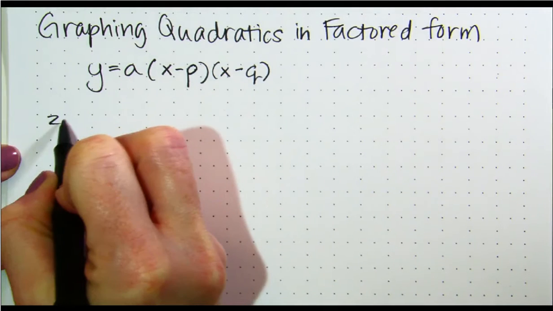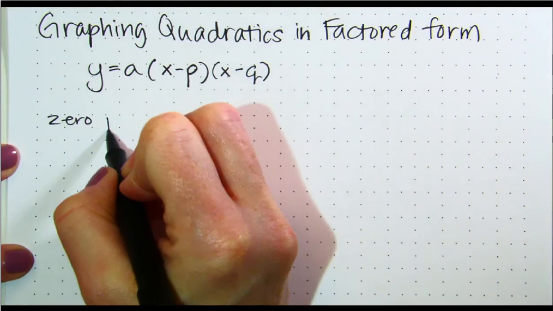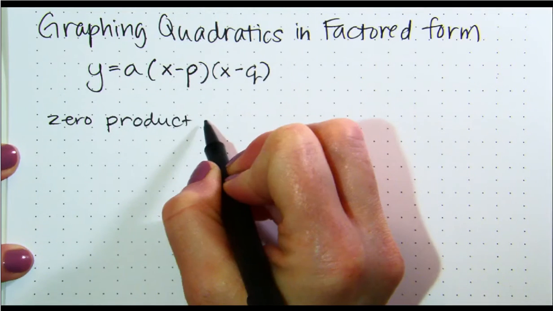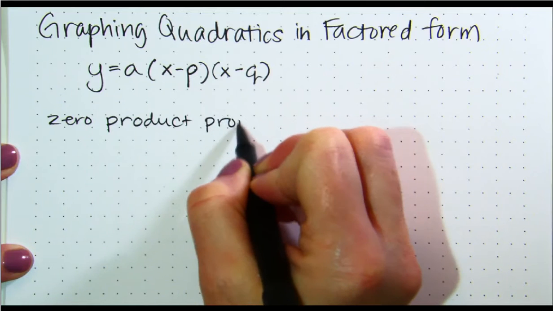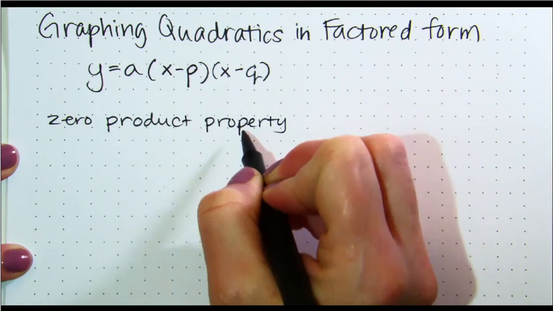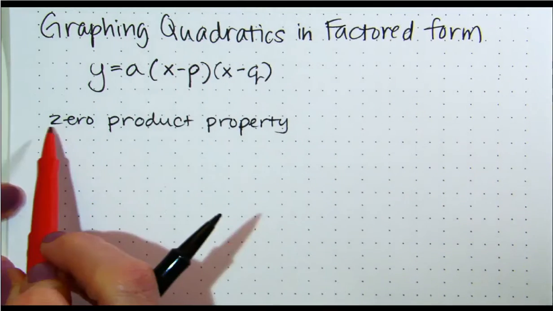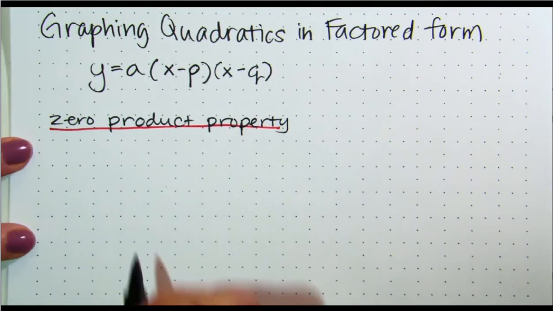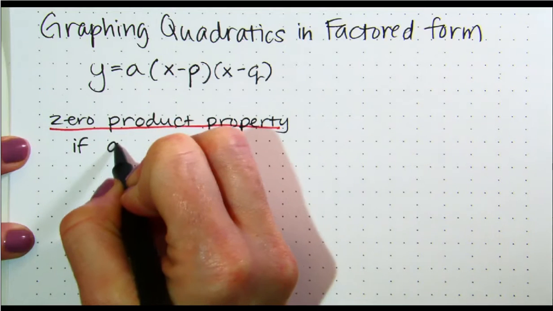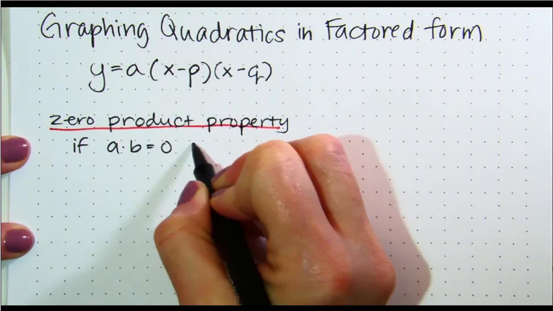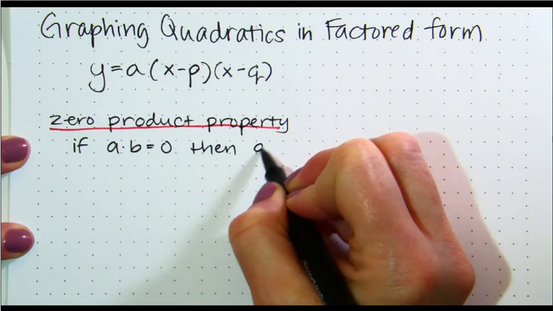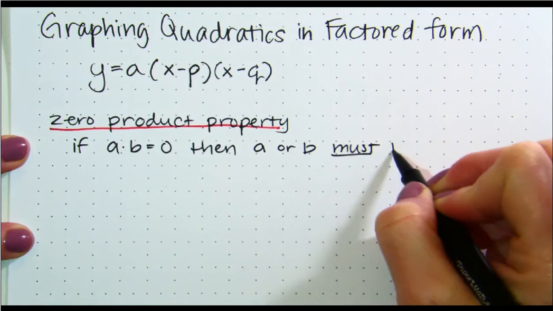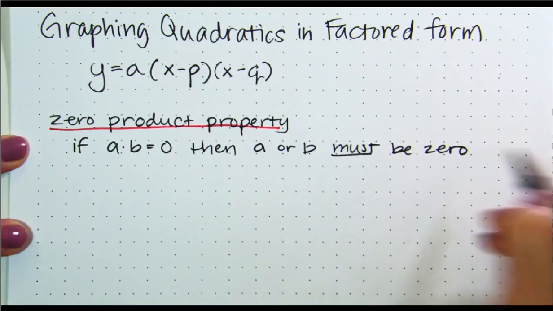Okay, so the first important piece of information is a definition, the zero product property. The zero product property says if A times B equals 0, then A or B must be 0.